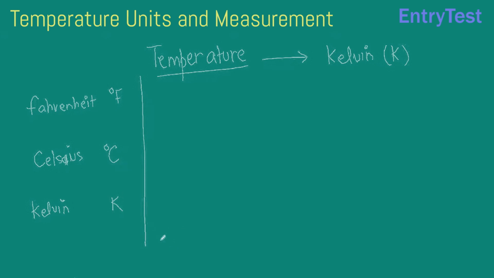So a few values that you must know are the values of absolute zero. It's called absolute zero because in terms of Kelvin, the value is 0 K. In terms of Celsius, the value is minus 273.15 degrees Celsius.